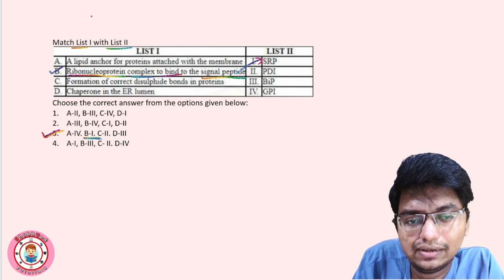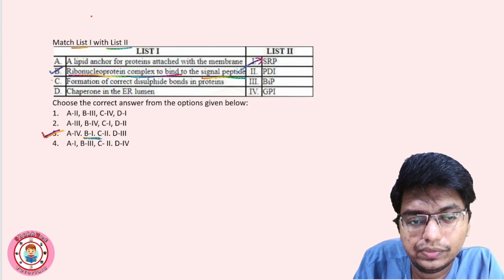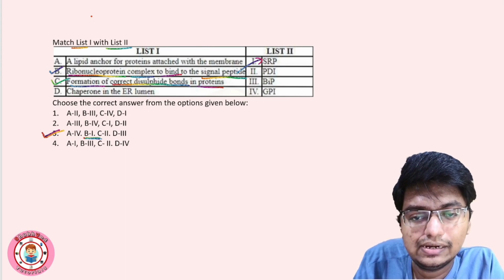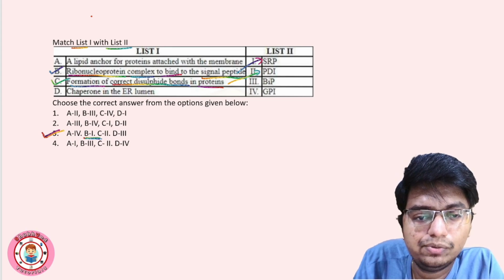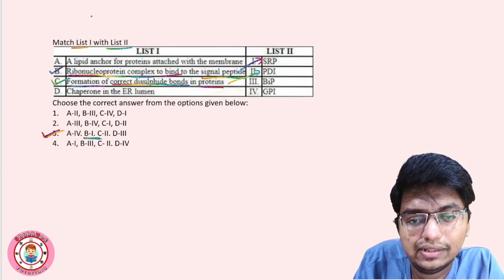Then the next one, C: formation of correct disulfide bonds in protein. Disulfide bond formation is by PDI, protein disulfide isomerase, C2.